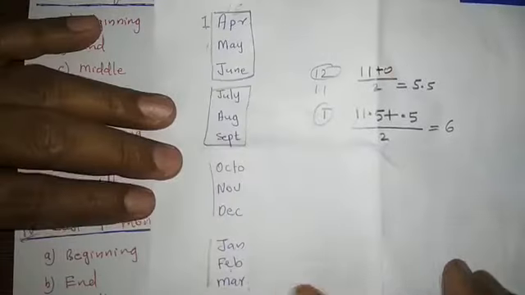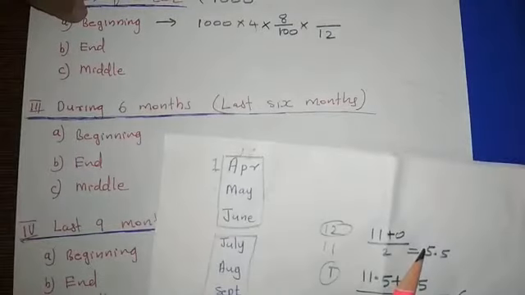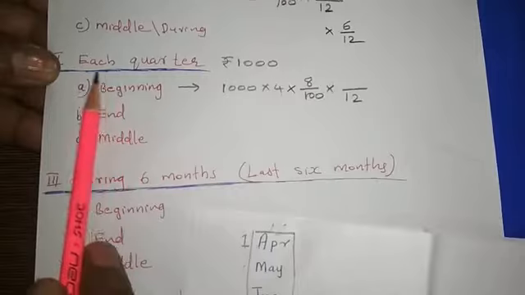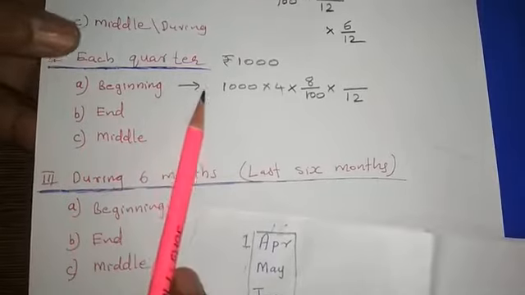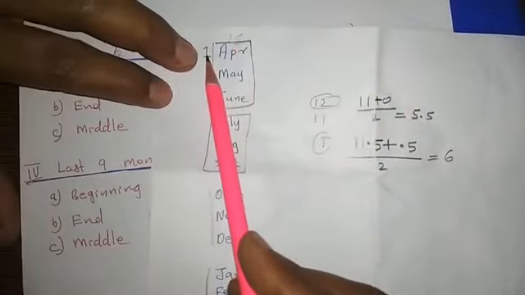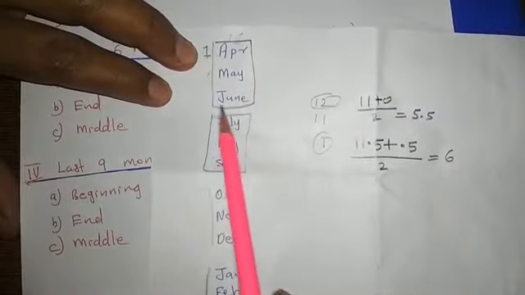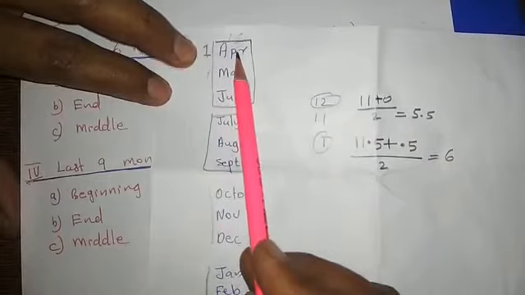Now our question is the beginning of every quarter. Then the first drawing will be on April 1, right? This is the first quarter. Beginning of every quarter means that the drawing is made on 1st April.